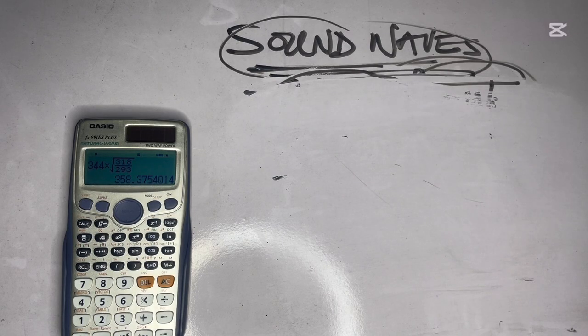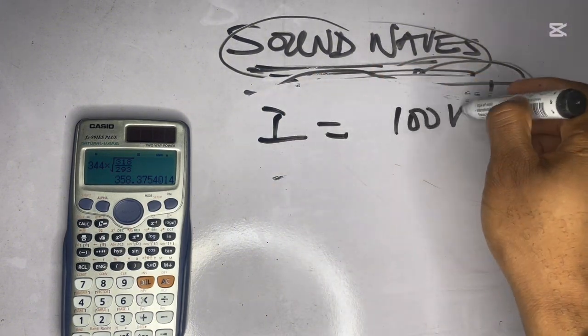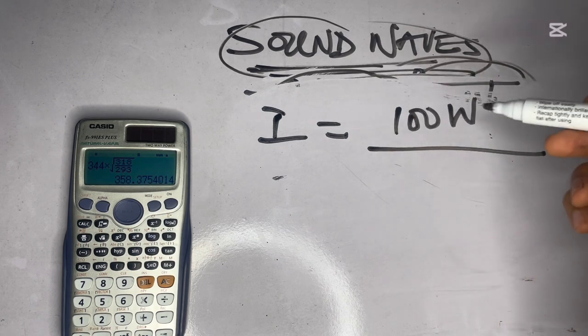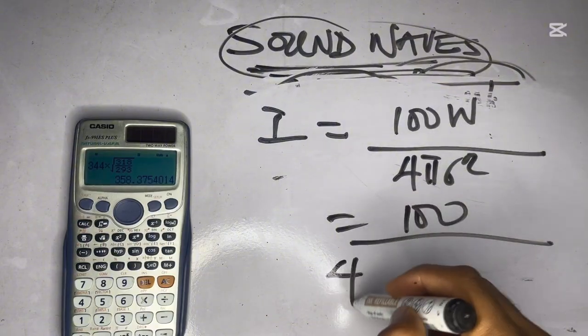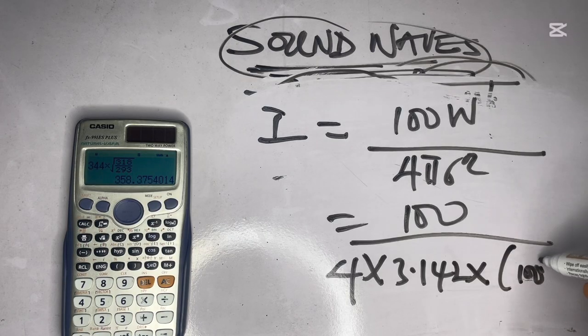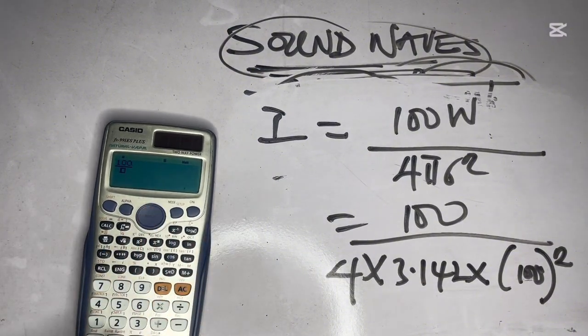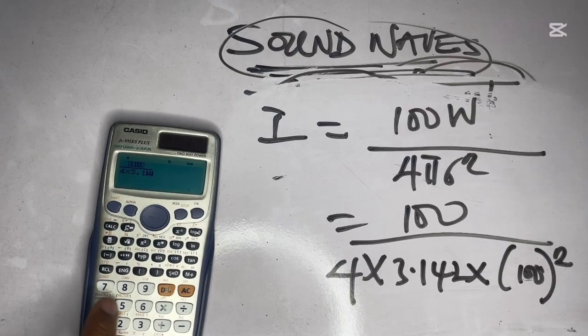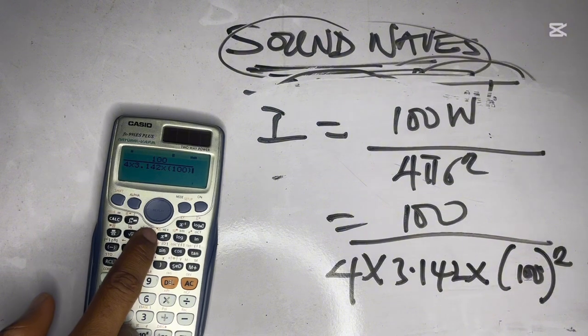So in this question, we don't have area, but we can look for area. So I is equal to 100 watts divided by 4 pi r squared. This is 100 divided by 4 times 3.142 times, your r in this question is 100, all squared. So let's do that quickly in our calculator. 100 divided by 4 times 3.142 times 100 all squared.